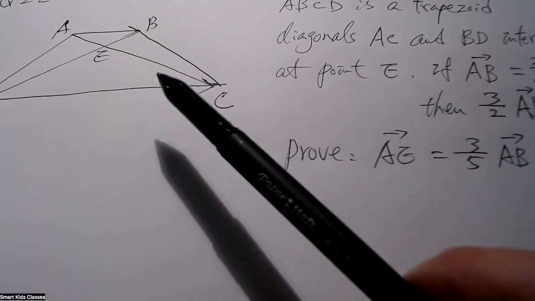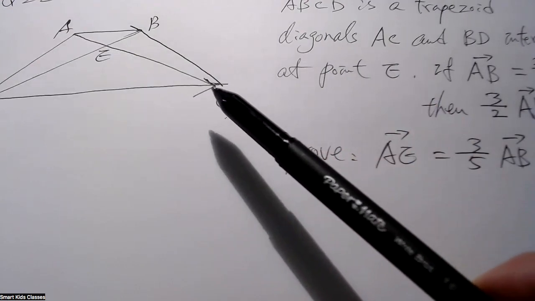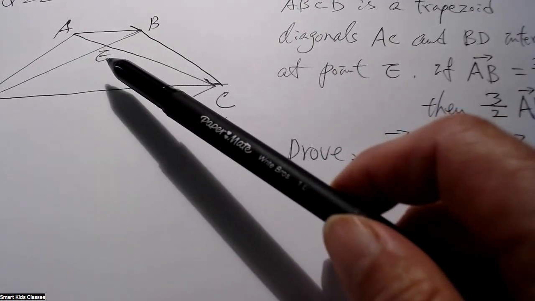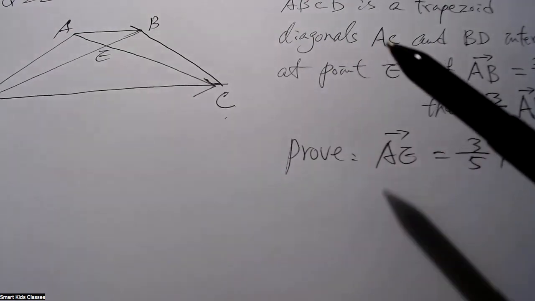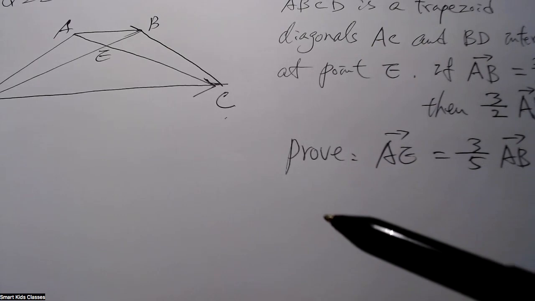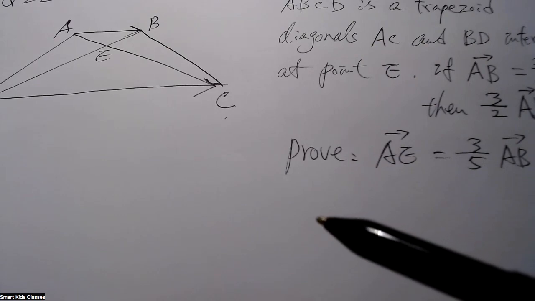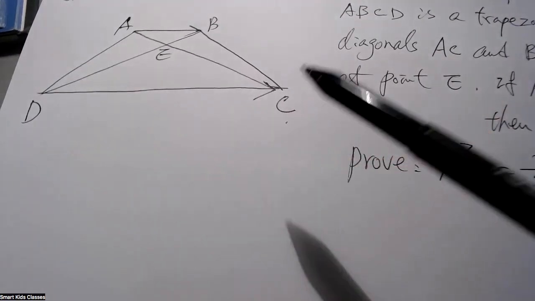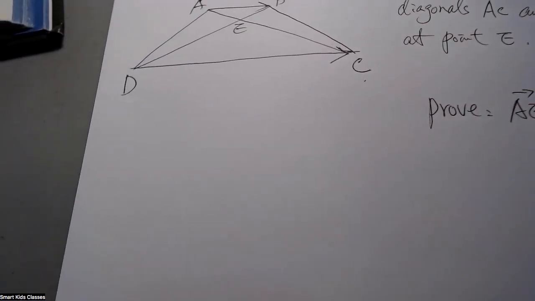Why? Because AC is the entire line and AE is a portion of AC. From there, we first look at the triangle ADC.